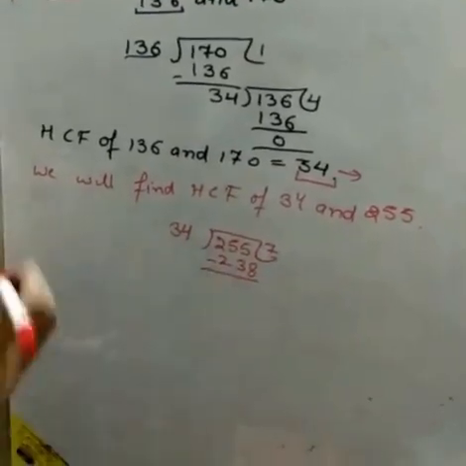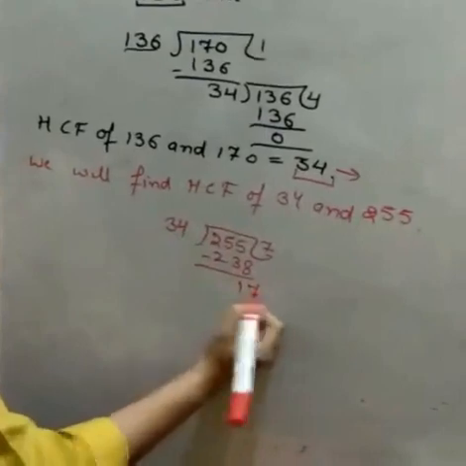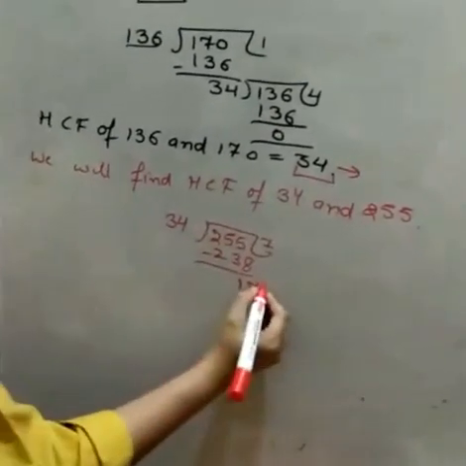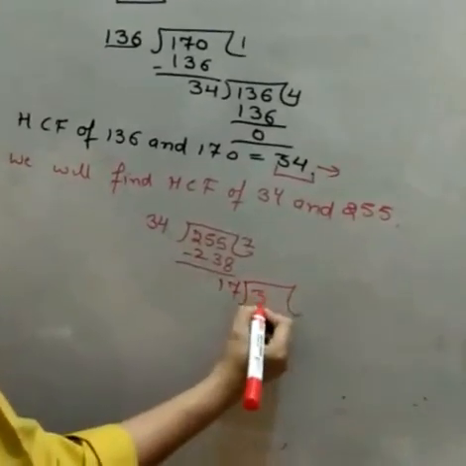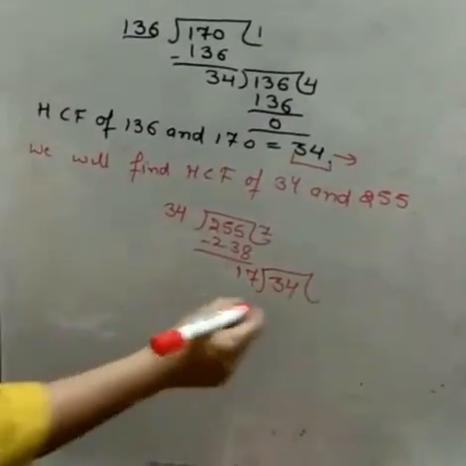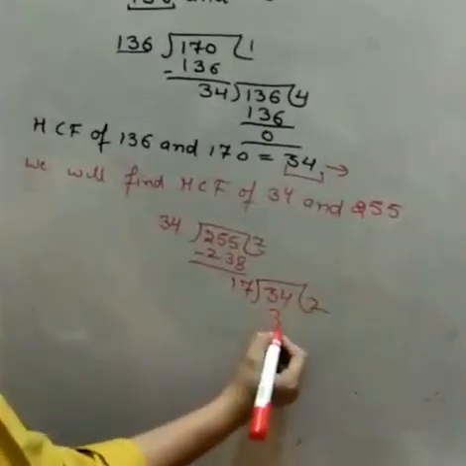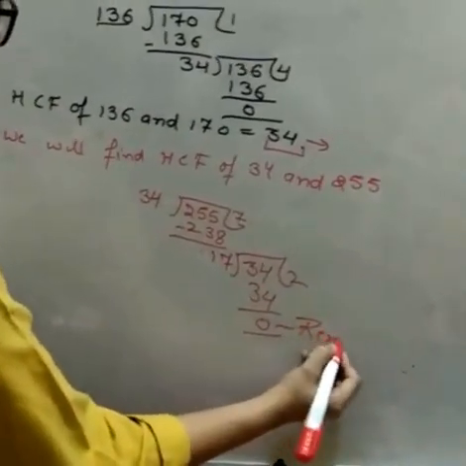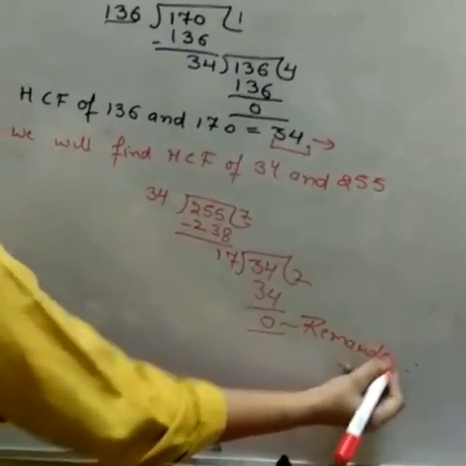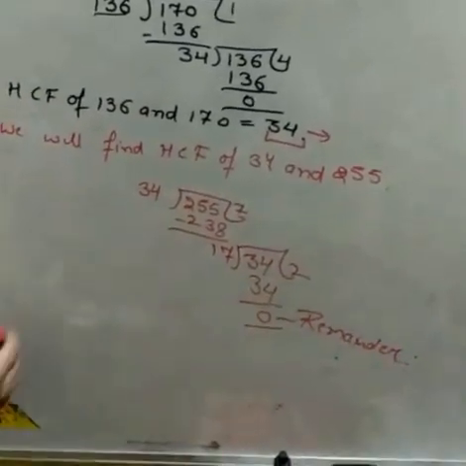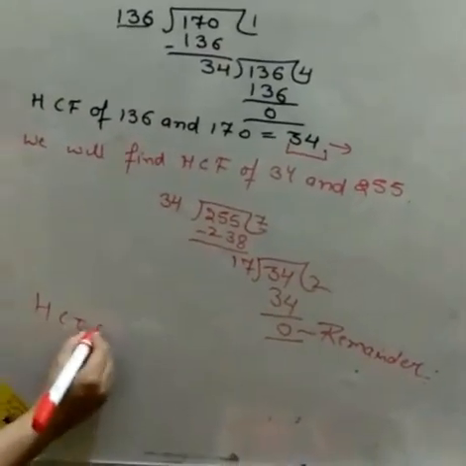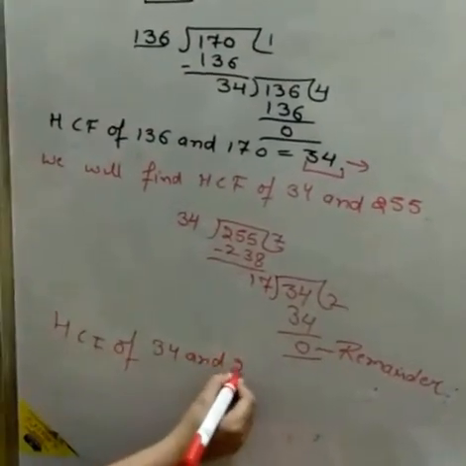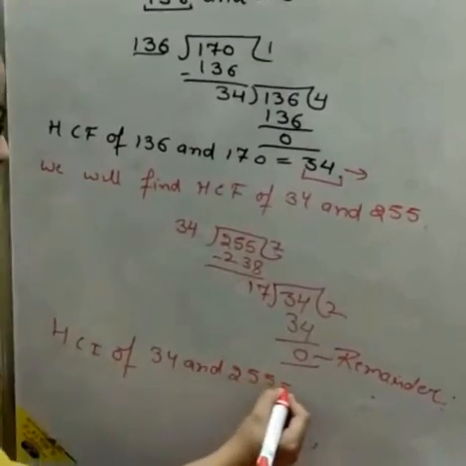On subtracting these two numbers we will get 17. 17 is remainder, but now it will act as divisor and 34 will act as dividend. So on dividing it we will get remainder 0. This is remainder and this is 0. So now HCF of 34 and 255 is equal to 17.